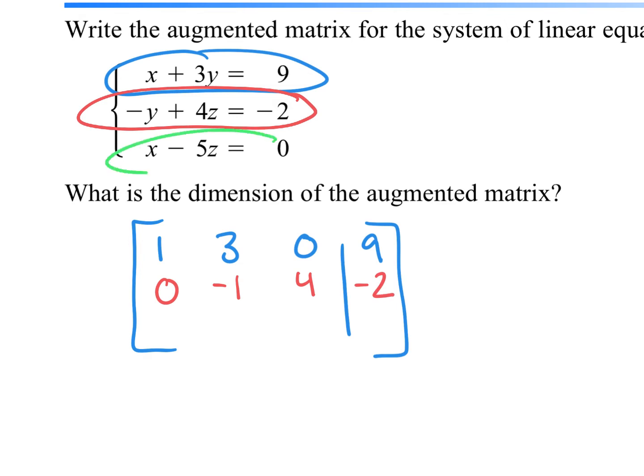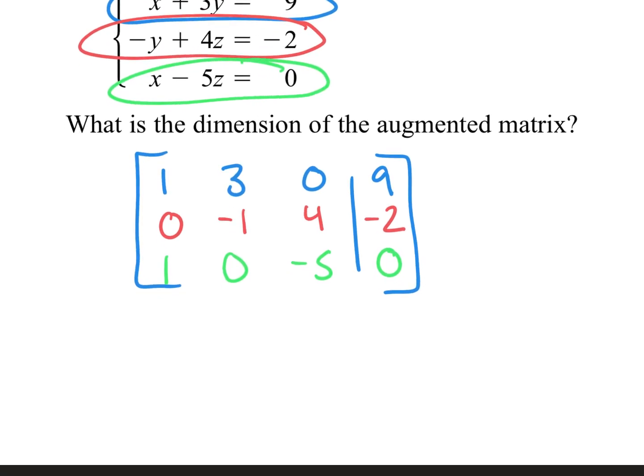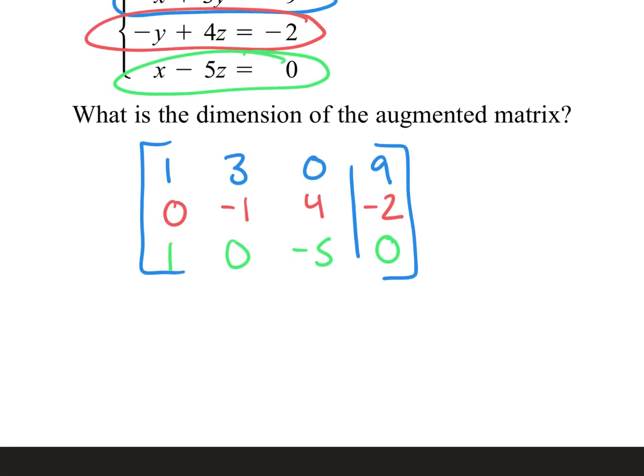And then in the third equation, what's our coefficient for x, our coefficient for y, 0, and our coefficient for z, 5, and our constant 0. So this would be our augmented matrix. And then what are our dimensions for the augmented? Perfect. So we have 3 rows and 4 columns, so it's a 3 by 4.